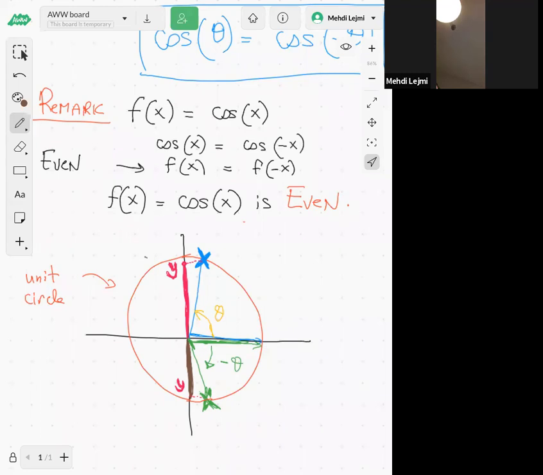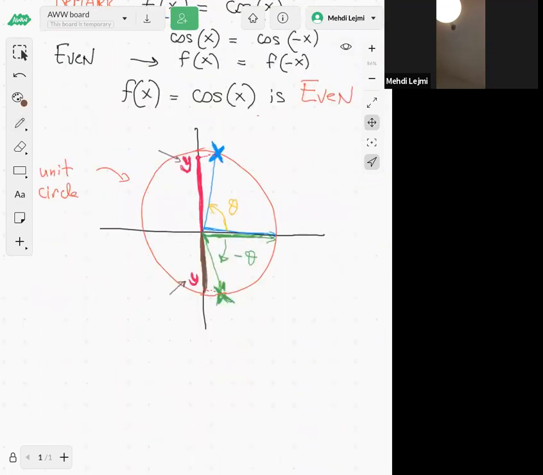Of course, this y here is positive because it's above the x-axis, and this y coordinate is gonna be negative because it's below the x-axis, right? So what we are saying is that sine of minus theta, this y here, is going to be the opposite.